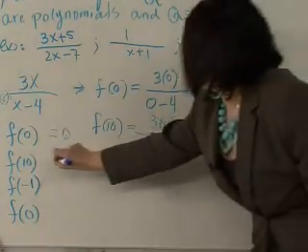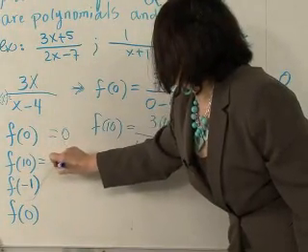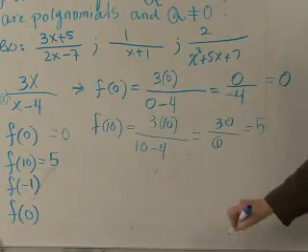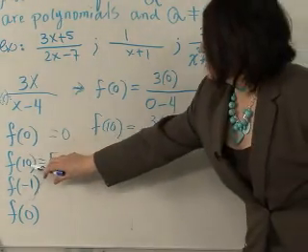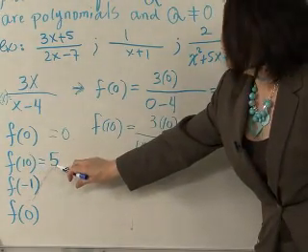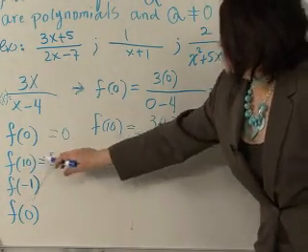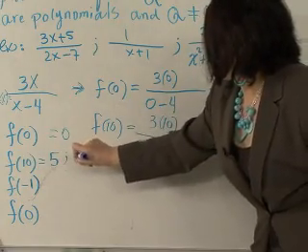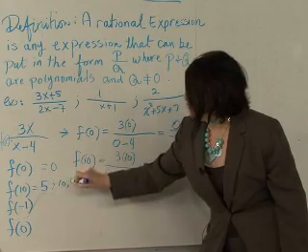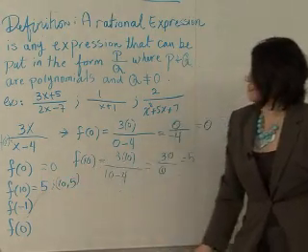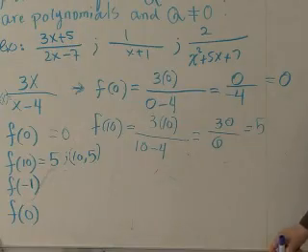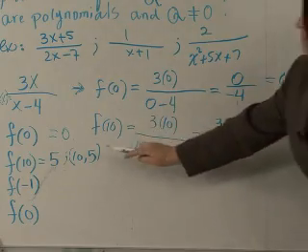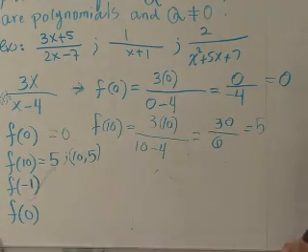So we could say that f of 10 is equal to 5, which is equivalent to saying when x is 10, y is 5. And if you want to write this as an ordered pair, this could be written as (10, 5). So if you were graphing this function, x is 10, y is 5 will be a point on the graph.